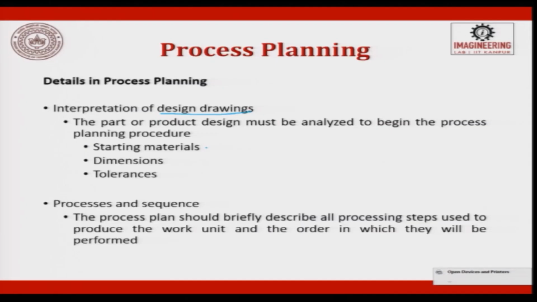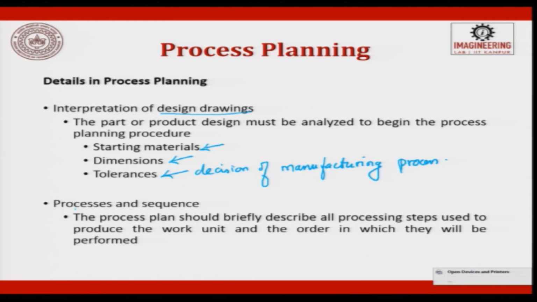When you plan for the blank, you also have to understand the process where the blank is made, and how it is going to distribute the strength all along the part. So, understanding the starting material, its dimensions and the tolerance. Tolerance will lead to the decision of the manufacturing process. So, this is the first step.